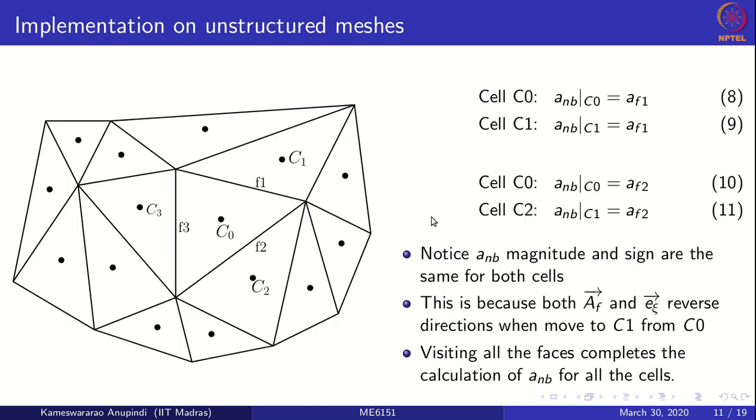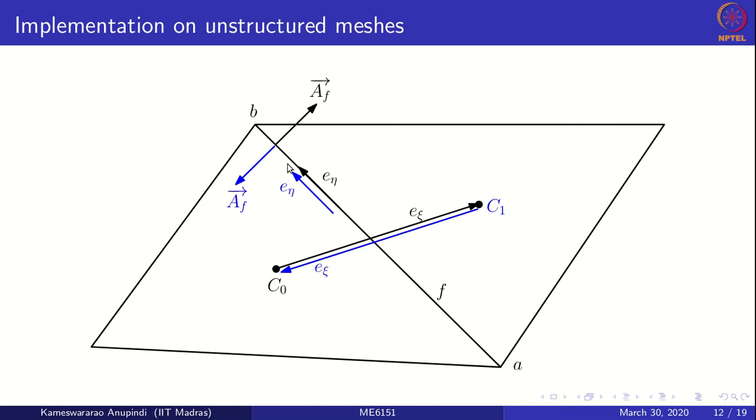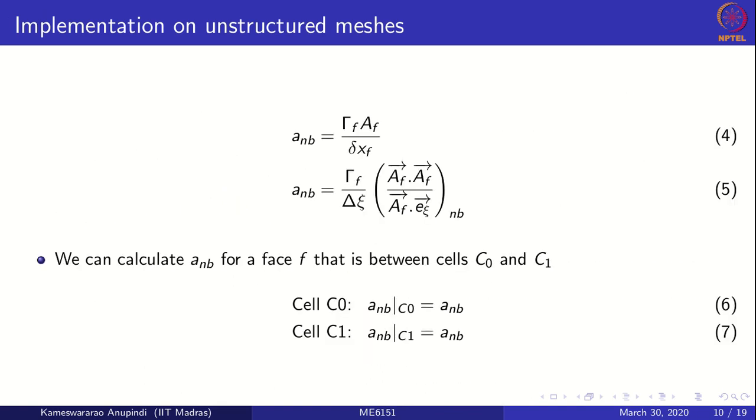AF dot xi, when you calculate from C0, has AF pointing this way and xi pointing this way, right? So there is some acute angle between them. Now when you switch to C1, AF is pointing this way and xi is pointing this way. So both of them flip their sign, and they maintain the same angle. As a result, the dot product of AF and xi would come out to be the same, and whatever we calculate on the face with respect to either cell would be the same contribution for both the cells.